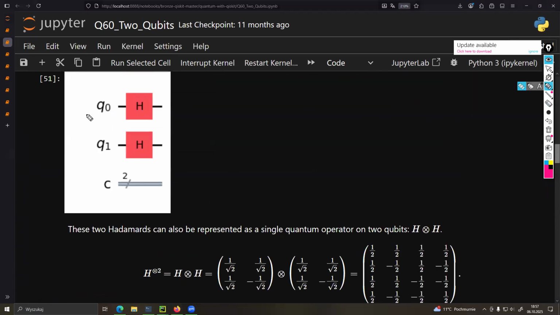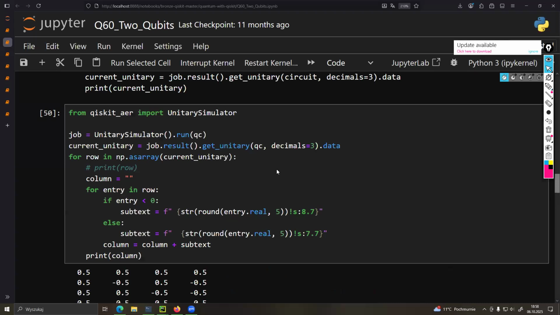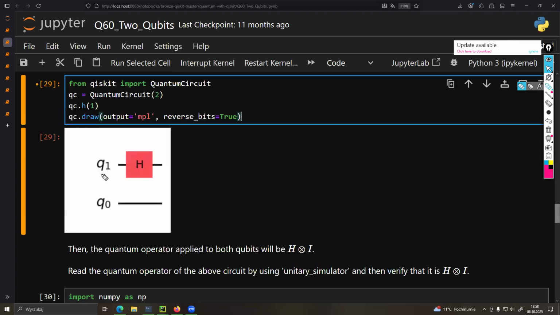So here, for example, you see the up qubit is Q0, and when I perform a reverse bits, then the up qubit starts from Q1. So this is sometimes nice if you want to align your reasoning towards certain notation.